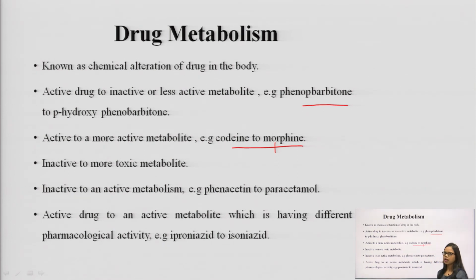Next is inactive to an active metabolite, for example phenacetin to paracetamol. After drug metabolism, the inactive phenacetin converts to the active metabolite paracetamol. Next is active drug to an active metabolite which has a different pharmacological activity.